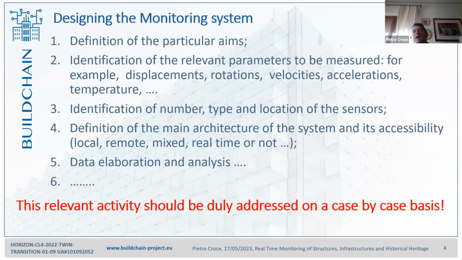In fact, we can have local instrumentation, or we can have remote controls. We can have real-time monitoring or by spot, and so on.